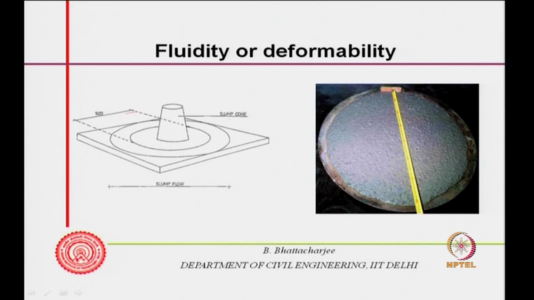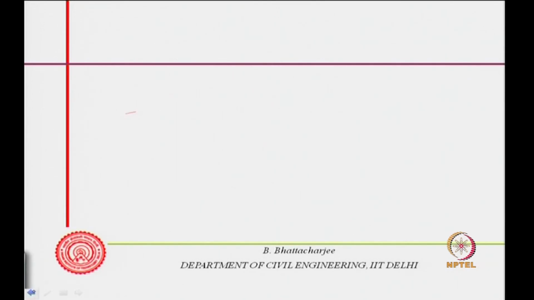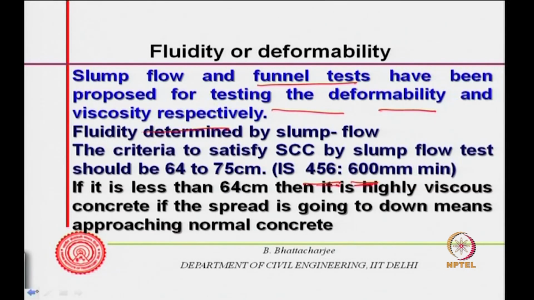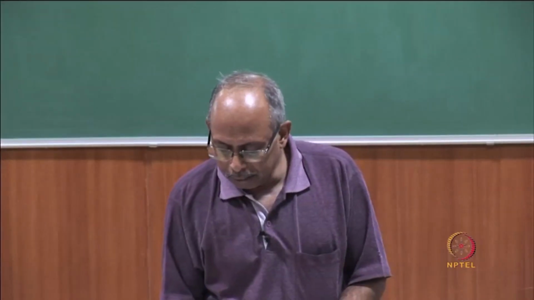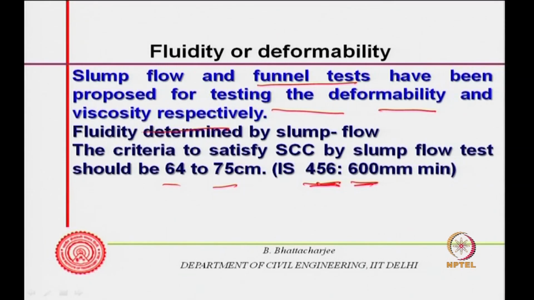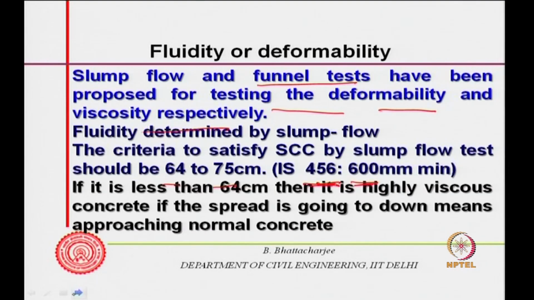This spread is the slump flow, and this flow should be minimum 64 to 75 centimeter, from 20 centimeter it should go to about 64 to 75 centimeter. IS 456 says minimum it should be 60 centimeter or 600 millimeter to define it as self compacting. So, the minimum for self compacting concrete is given.